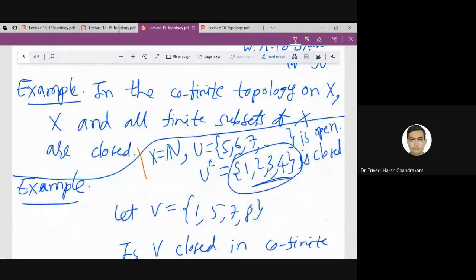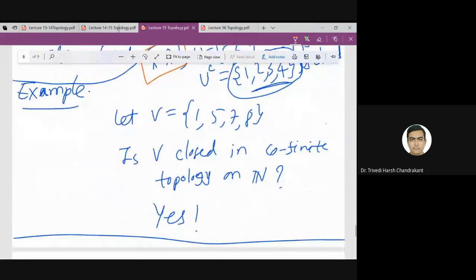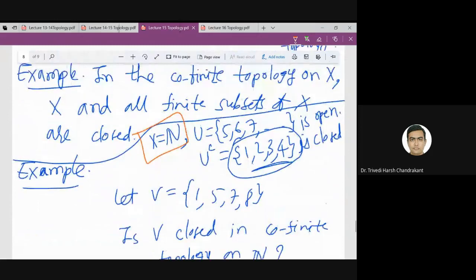X equal to N is closed because its complement is the null set, which is open. On the other hand, every finite set is closed in the cofinite topology, and complements of finite sets are open.